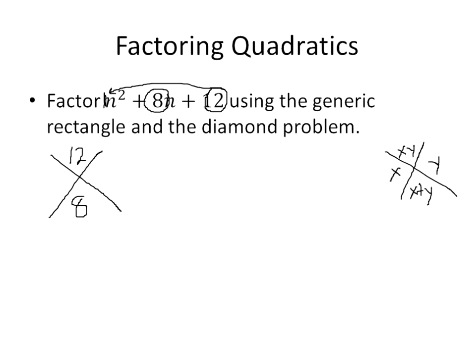Now, we also found from our quadratic trinomial here how to figure out what goes on the top of that and what goes on the bottom of that. So what two numbers multiply together to make 12, but add together to make 8? Write those down and go ahead and fill in your diamond problem.